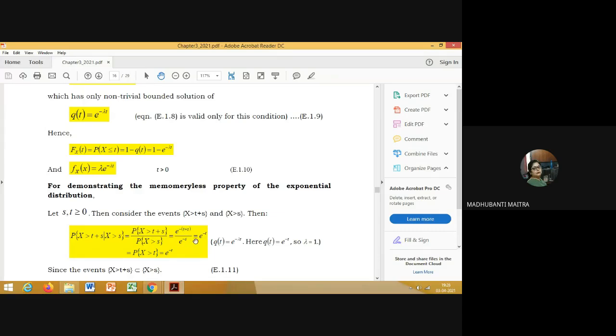So the result is that the probability that this particular event will occur, given that this particular event has occurred, is equal to e to the power minus t. Here we have assumed that the value of lambda is 1. Otherwise, it would have been e to the power minus lambda t.